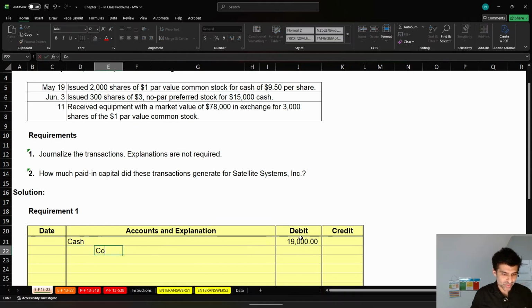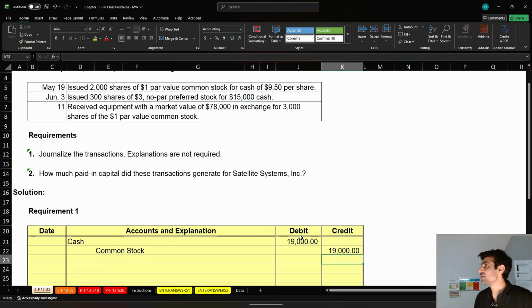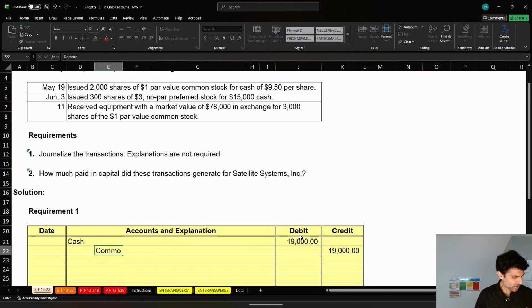Now, before we would just do common stock, 19,000. This was the level one journal entry. But now we're introducing this idea of common stock, $1 par value.